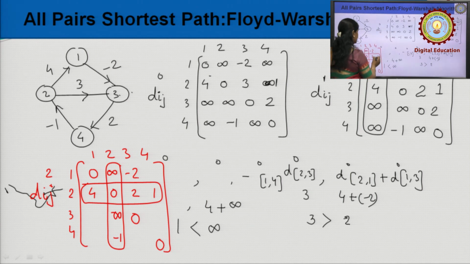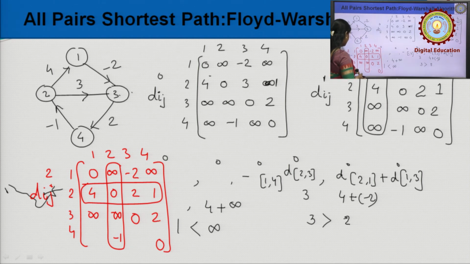Infinity and infinity, the minimum is infinity. What is the value of 3 0? The value of 3 0 is infinity, and from this it is also infinity, then it is infinity. The value of 3 4 is 2. From here the value is infinity. So from 2 and infinity the minimum is 2.